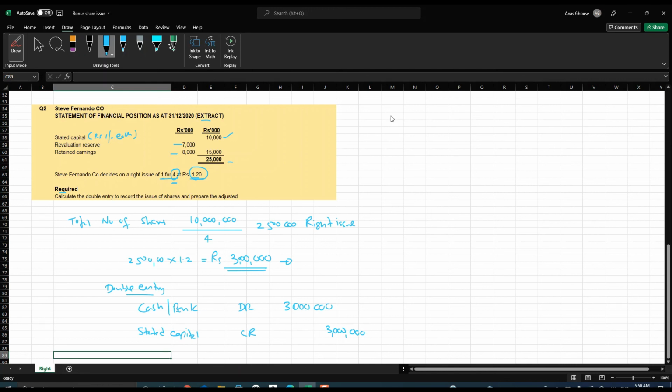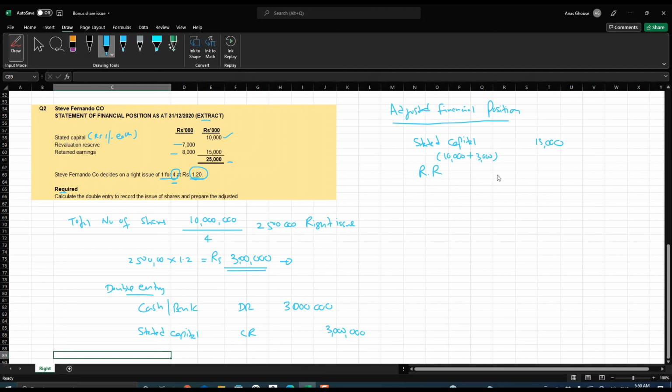Okay, so when you prepare the adjusted financial position, first of all stated capital is 10 million plus 3 million, which will be 13 million.